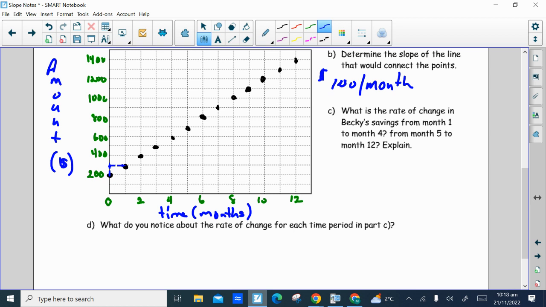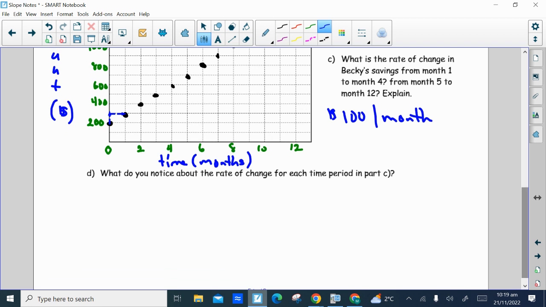We shouldn't draw a line, and I've explained why, but it doesn't matter which section of the graph you look at, the slope will not change. It's always $100 per month. Part D says, what do you notice about the rate of change for each time period? It's always the same.